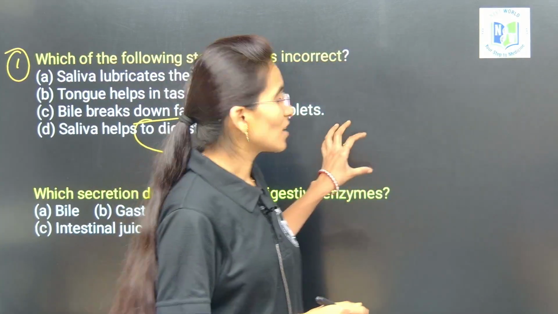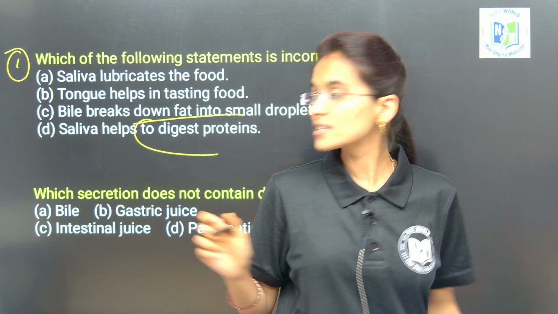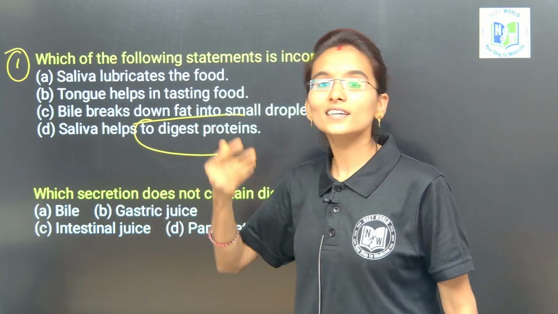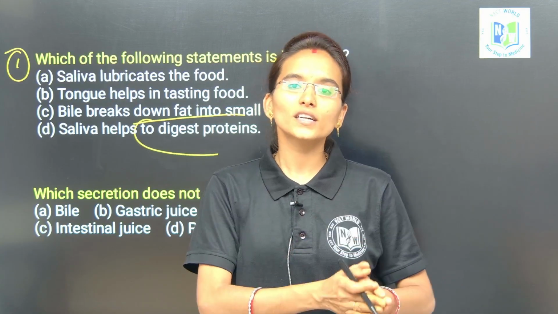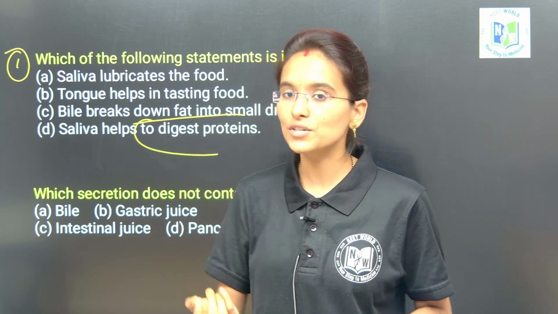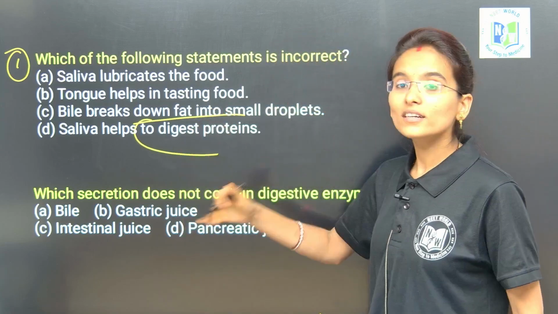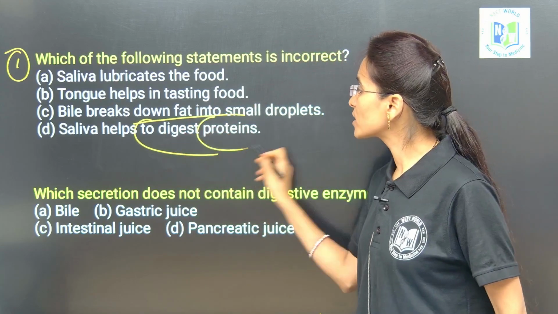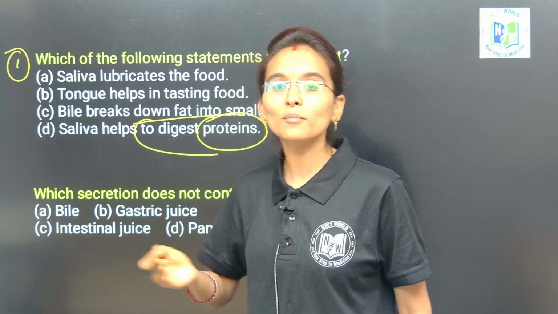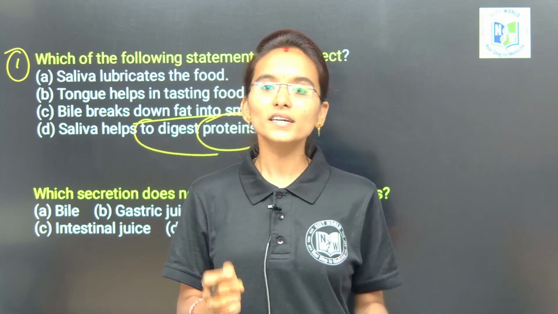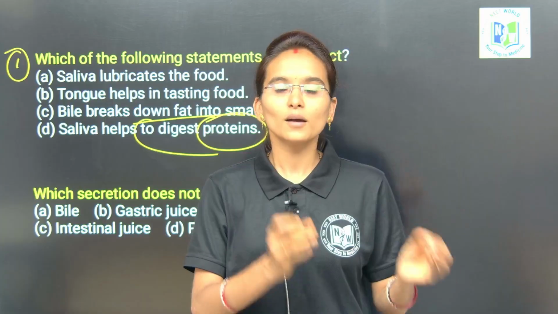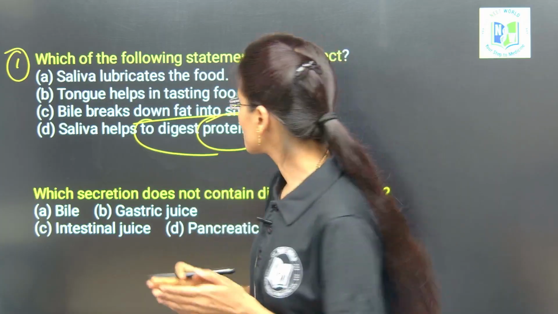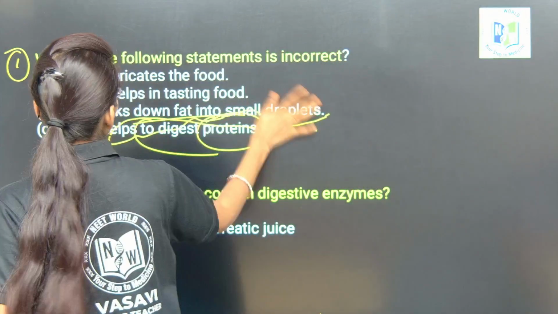It is not going to help in the breakdown of proteins, but it is involved in the breakdown of complex nutrients like carbohydrates into simple sugars. Clear with the first question?